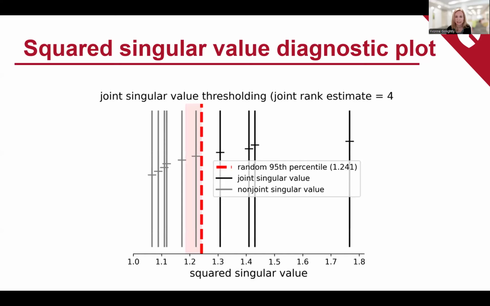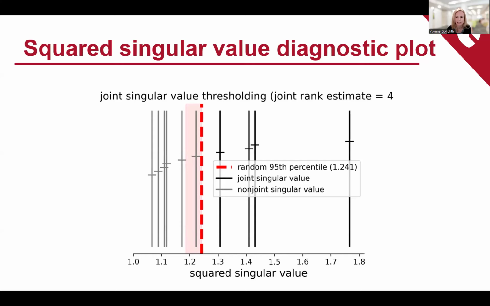One of the things we needed to do before moving forward was use a squared singular value diagnostic plot for the movement scores and the clinical data blocks. Here, the black lines are what we call the squared singular values.